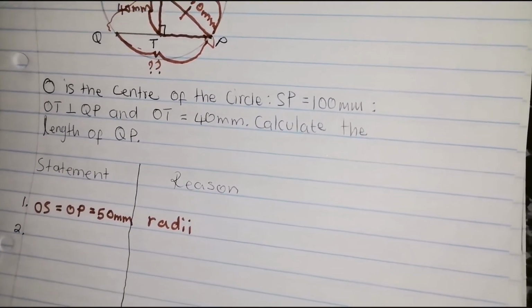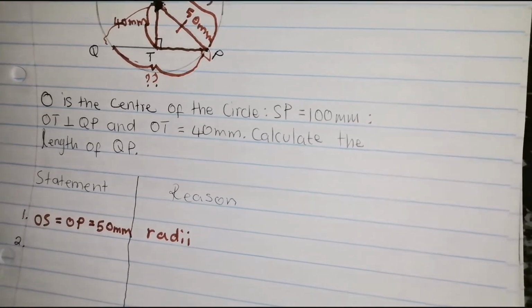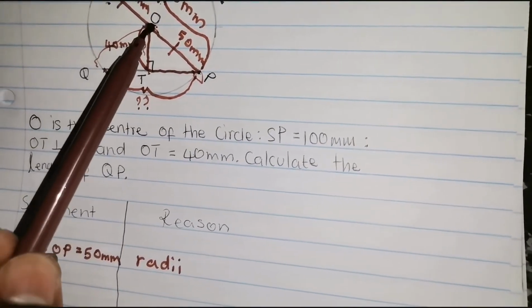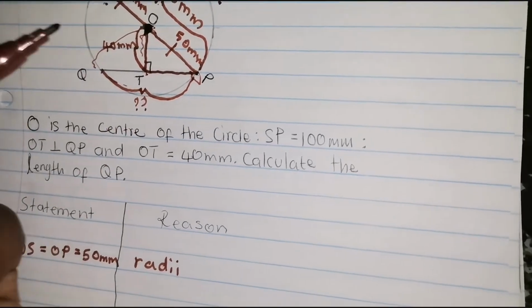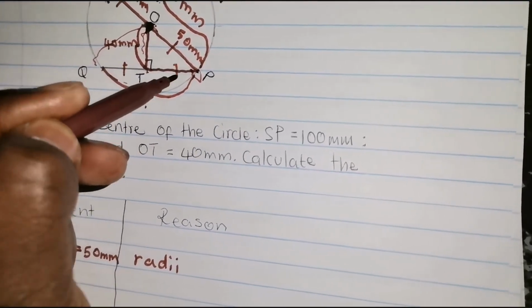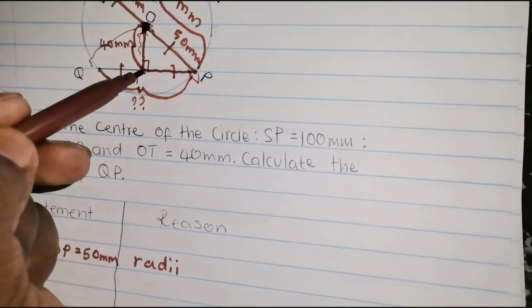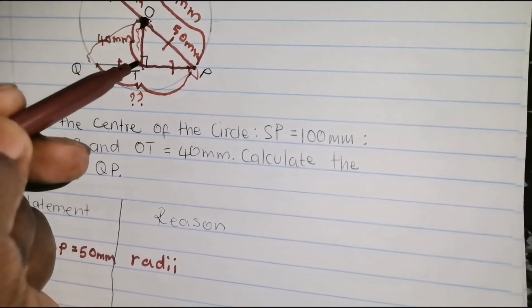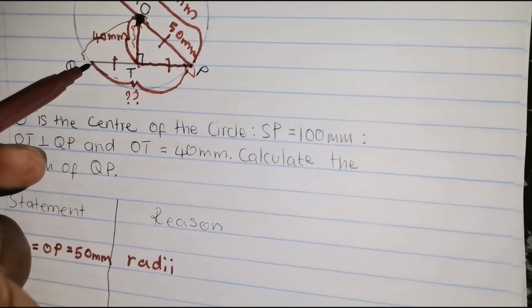Yes. Now, remember guys, I said to you, if you have a line from the center to a chord that is perpendicular to the chord, that means QT is going to be equal to TP. The line from O to T is perpendicular to QP.